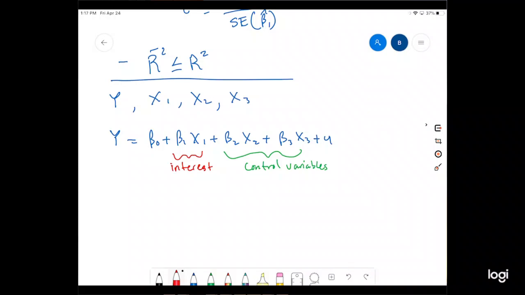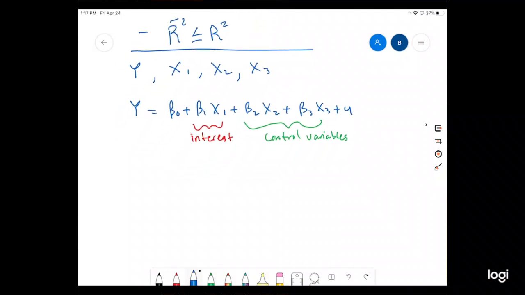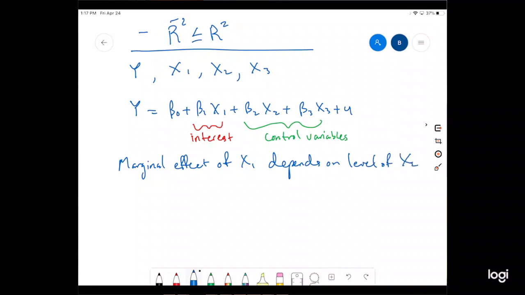What would be your test? You should think interactions here. So the marginal effect of x1 depends on the level of x2. Okay, so how do we write down a model to test this?